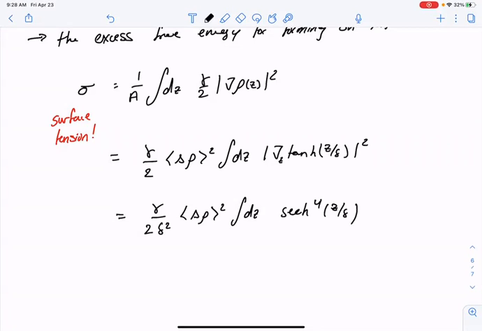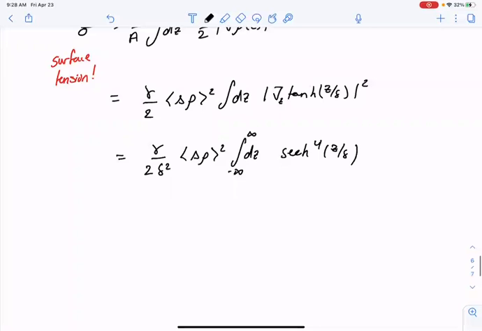And that's actually an integral one can do. If you integrate over all space, hyperbolic secant gives you twice gamma over 3 delta, like so.